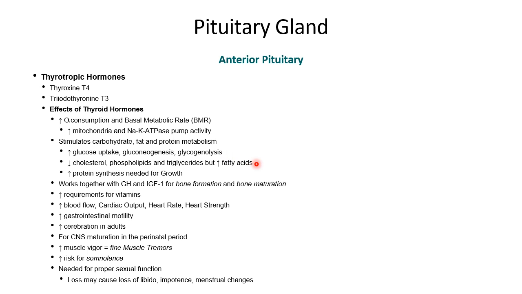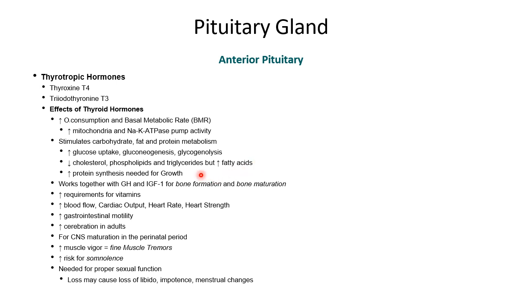For lipids, your thyroid hormone will decrease the levels of cholesterol in the blood, phospholipids in the blood, and triglycerides in the blood, but at the same time, they will increase fatty acids. So think of it this way. Your thyroid hormone will decrease the levels of bigger lipids, but increase the levels of the component lipid, which is your fatty acid.